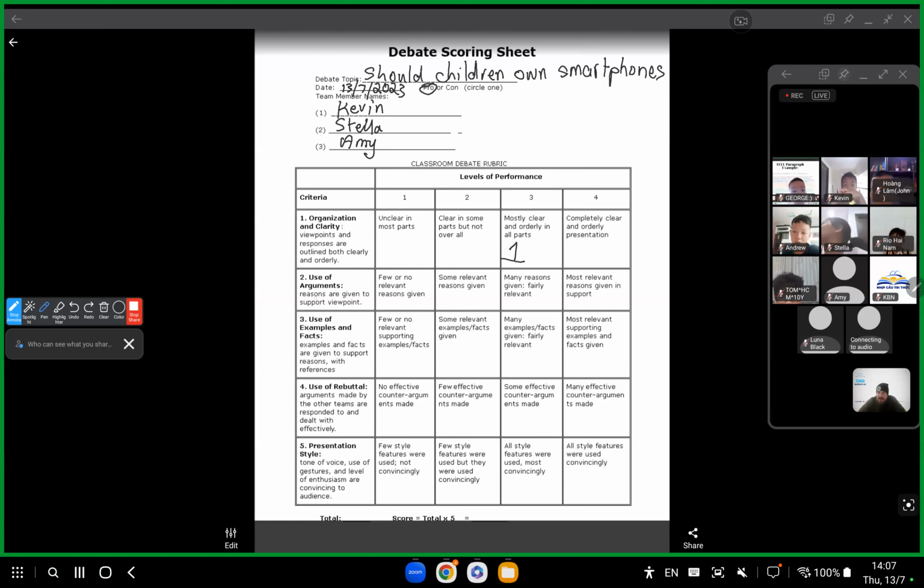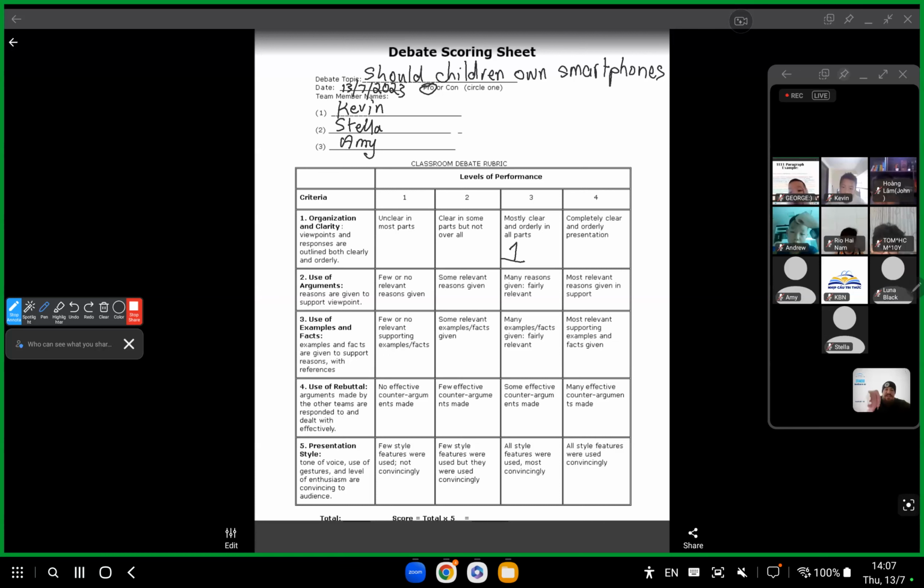So then I would go down and say, okay, so how well did Kevin come up with reasons? Like, what are the reasons behind his argument? How good are they? And they might say, actually, most of Kevin's reasons were relevant and they supported his argument very well. So they might give him 4 points for that section.